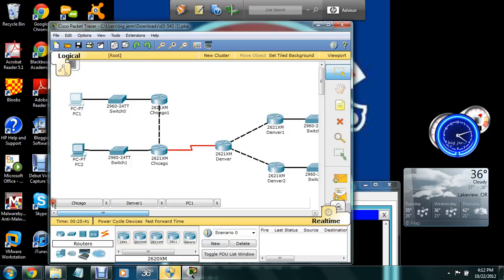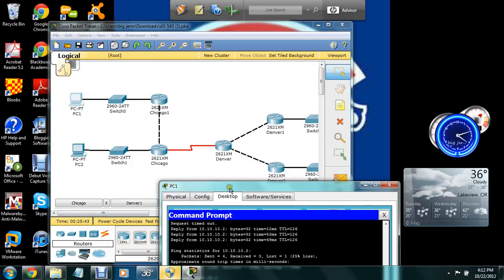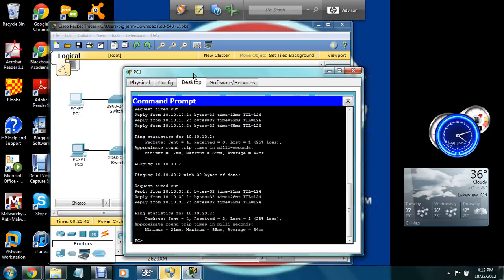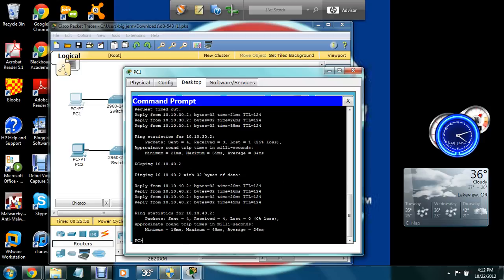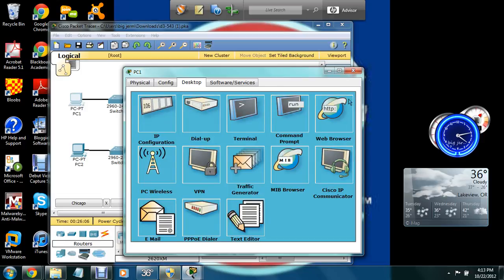Okay. And we're getting all of our replies, so it looks like we are connected now, and we successfully troubleshot our EIGRP system there and got all our autonomous system numbers set.